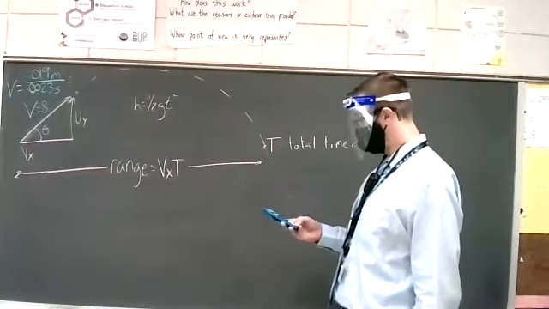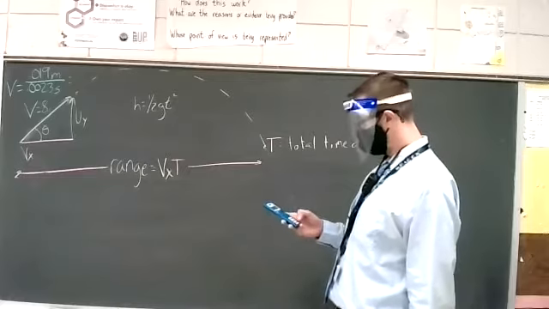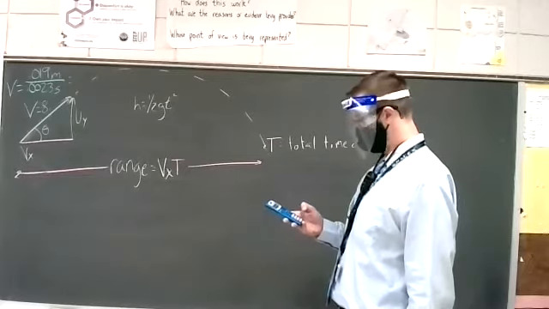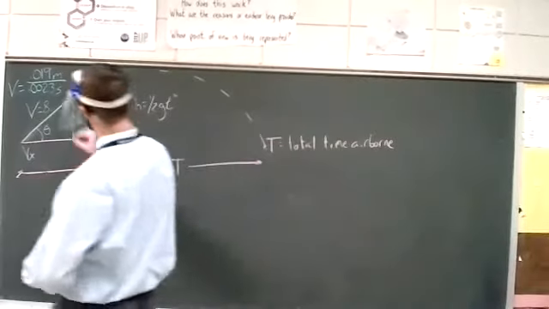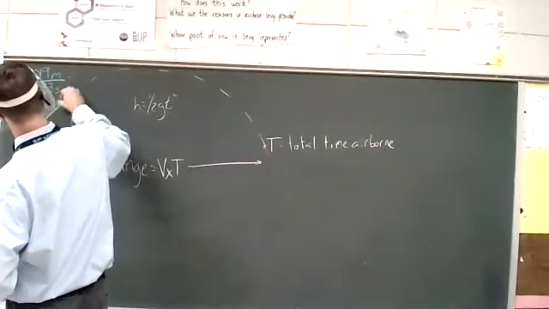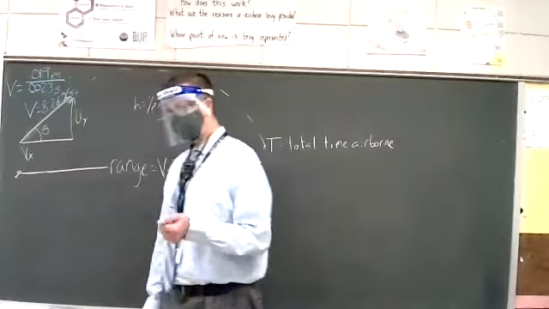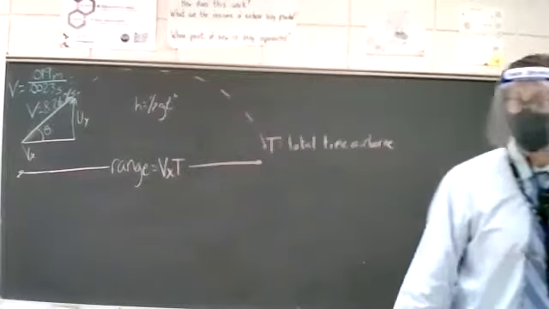On the calculator, 0.019 divided by 0.0023 is 8.26. We're launching at 8.26 meters per second today.